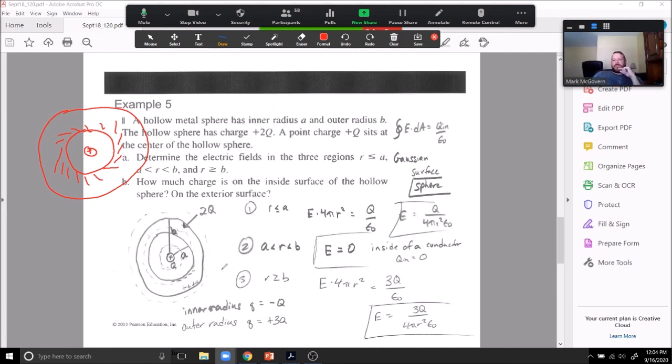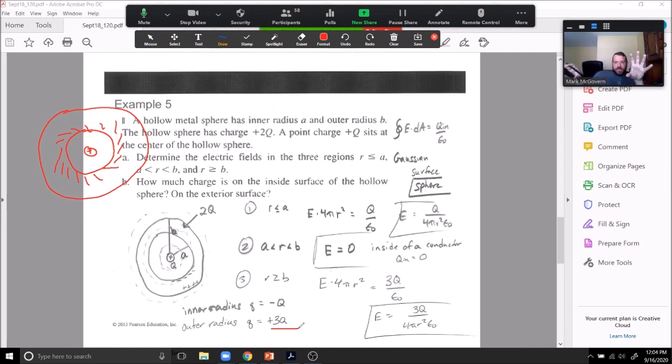Now, they do ask another thing here. How much charge is on the inner surface of the hollow sphere? Well, if you have a positive 1Q in the middle here, then you have a negative Q that builds up on the inner surface, and then the outer surface has to have a 3Q, because remember, overall it's 2Q.